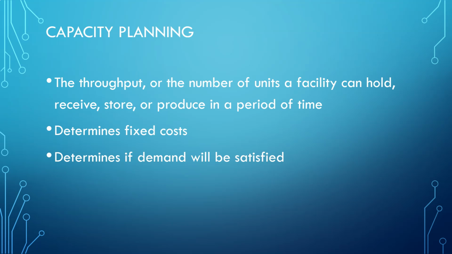So the capacity of the hospital needs to meet the demand of that community. The same for other production or other areas, from manufacturing to services to other areas. Always we need to look at the demand, and we need to look at the capacity that we have in the system. Can we fulfill the demand or not, and what can be done to increase efficiency.